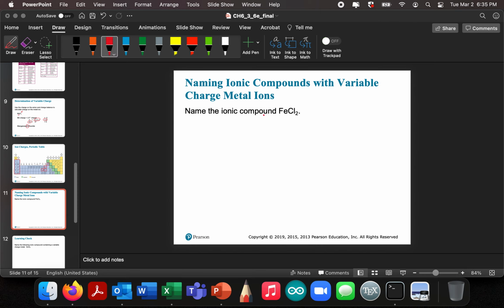All right, so let's do an example. Naming the ionic compound, FeCl2. First of all, it's going to be iron. And it's going to be chlorine, but we've got to change the name to chloride. But since iron has variable charges, because it's right here in the middle of the periodic table, we've got to say, well, how many is it?